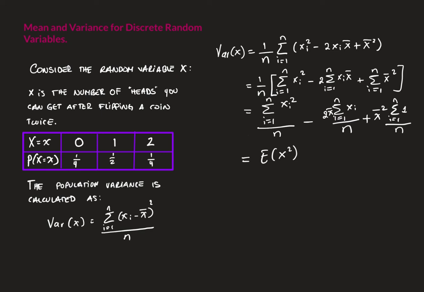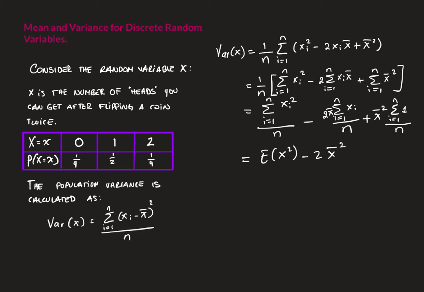the expected value of the squares of the variable x. Then in the middle, we have 2 times the mean times this expression right here. This is also an expression for the mean. So we're going to substitute that with minus 2 mean squared because this is the mean and this is also the mean.